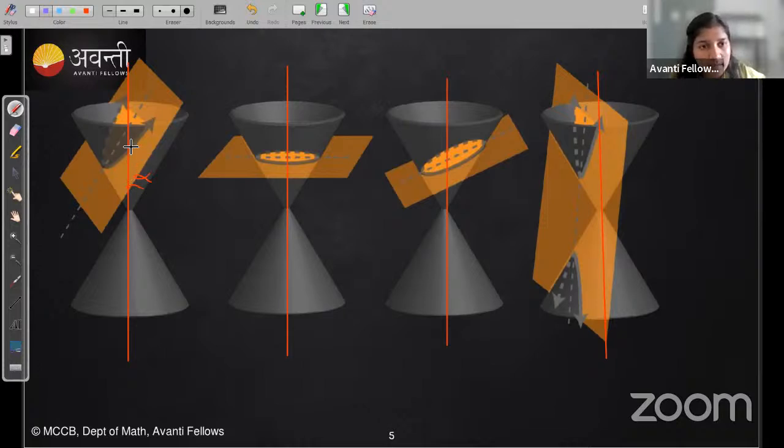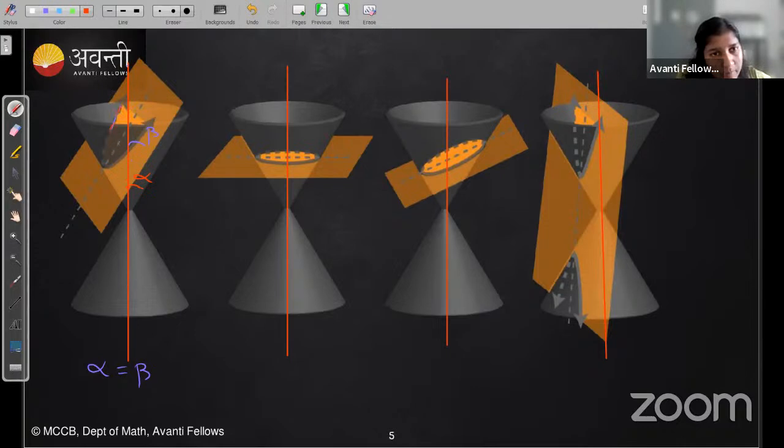The angle between the plane and the central axis is beta. Fine. This is beta. And the angle between the generator and the central axis is alpha. If both the angles, alpha is equal to beta, when we cut that cone with the same angle, then you can see the shape here, I'll change the color.